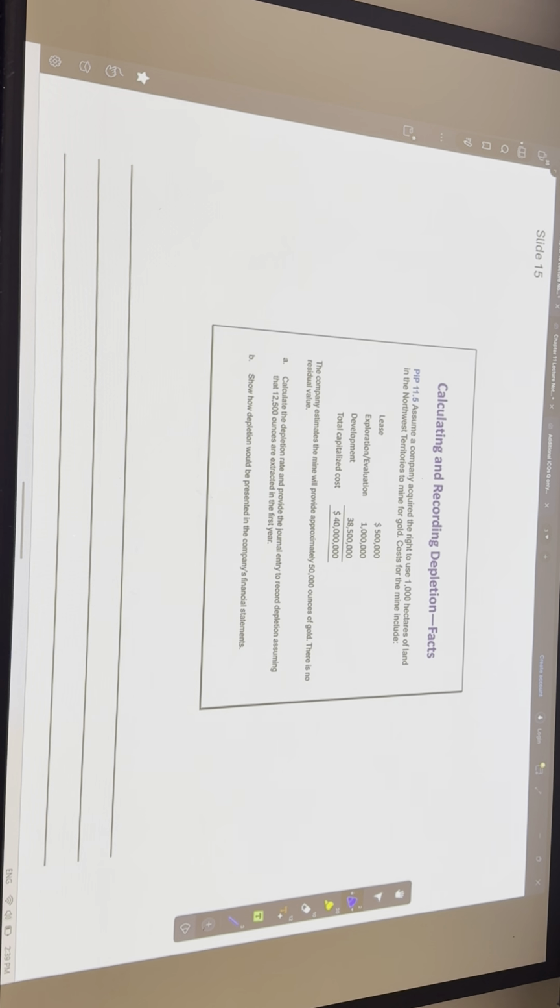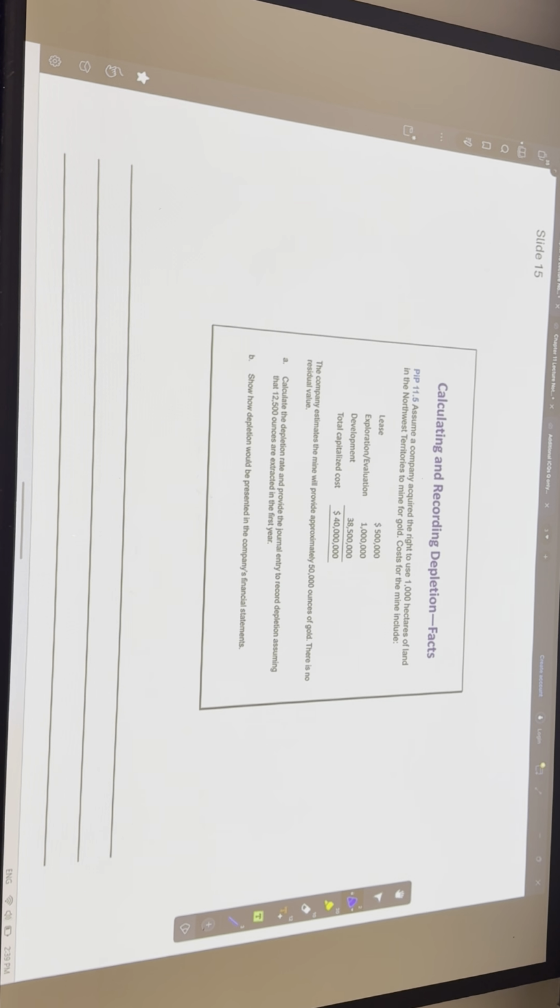You leased a land. Normally, mining companies lease it from the government, for example, or from certain tribes, particularly when you're up north. And then you spend money to explore.